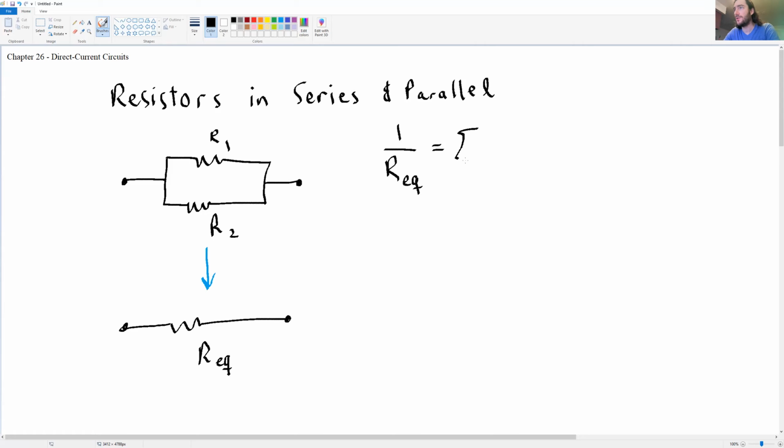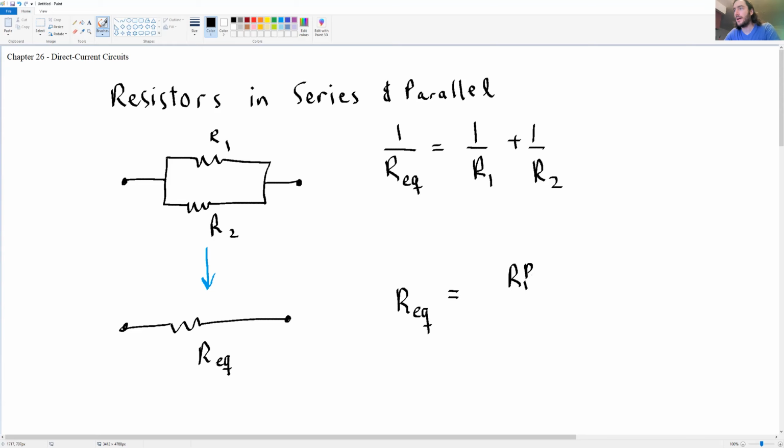But in any case, what you do is you sum up. Well, we don't have to write a summation for this small number of resistors. It's the sum of the reciprocals. So it's 1 over R1 plus 1 over R2 is equal to 1 over Req. Now, there's an alternative formula you can use when you have only two of these resistors in parallel, and that is the product over sum formula.